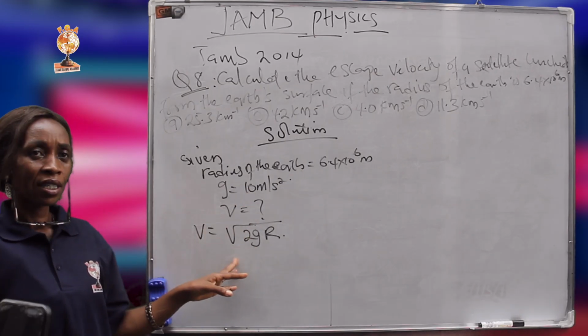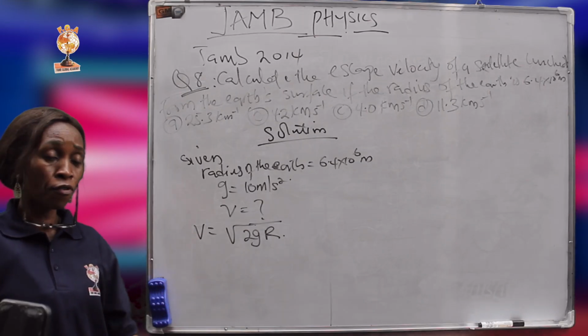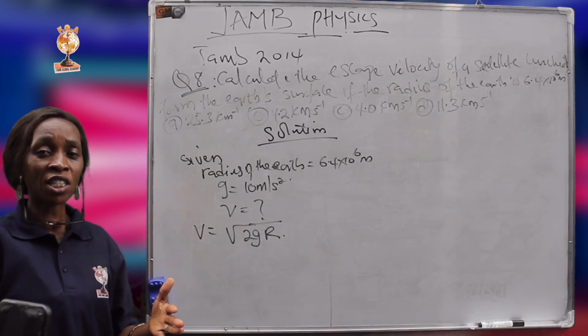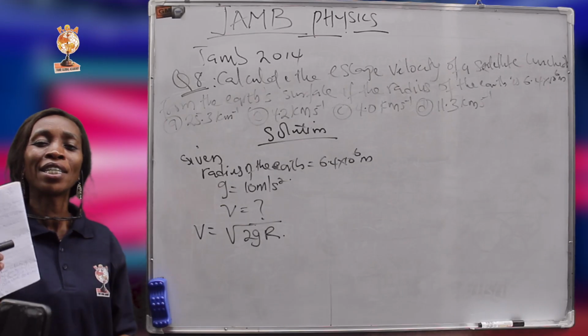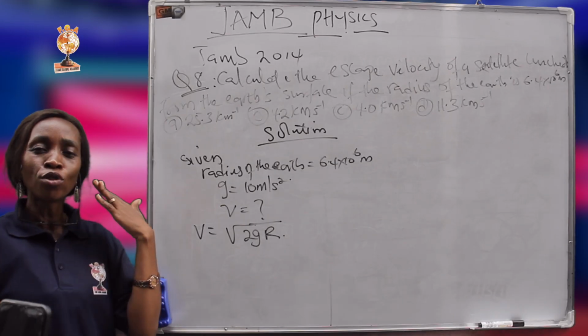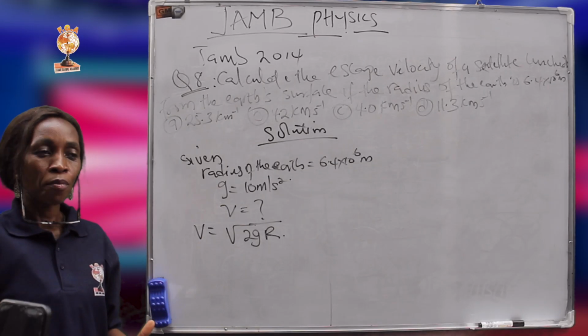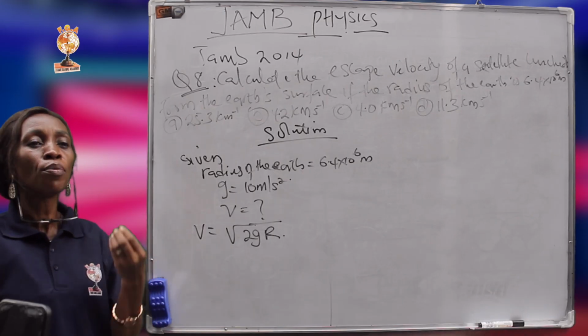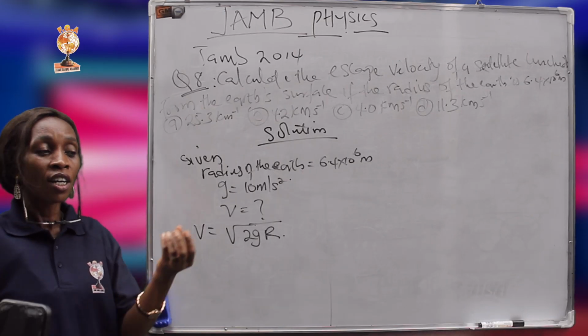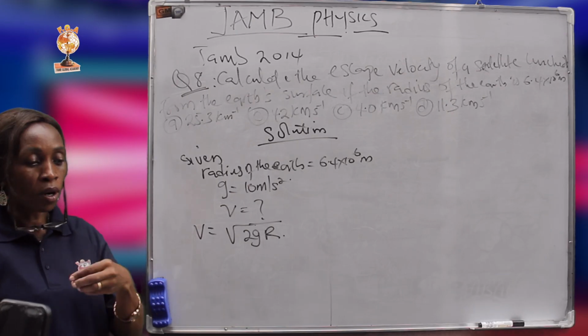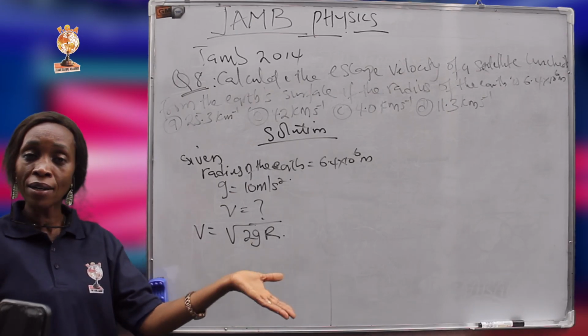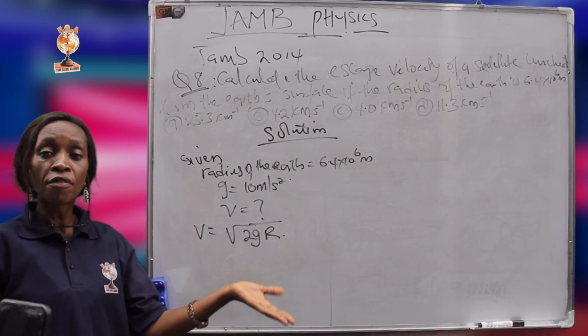Having known that, remember I said we have various different formulas in physics, as many as you can cram, as many as you can put in your memory, put them. Because on exam day, all you need to do is input the parameters that have been given to you into your formula.